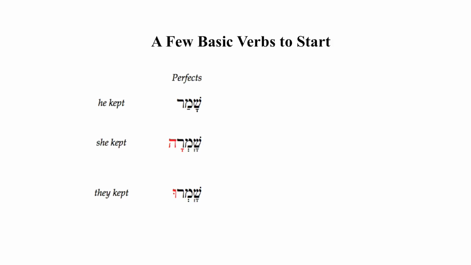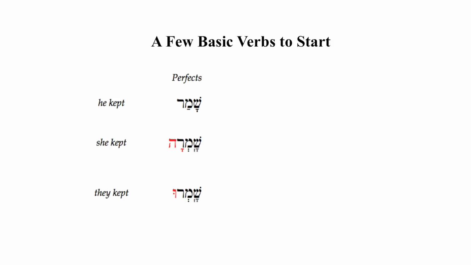So we're going to give you two types of verbs, and we're going to focus on third person: he, she, and they. On the left-hand side of your screen, you will see what we call the perfects. Until we get to the perfects, we are going to basically treat these as past tense verbs.